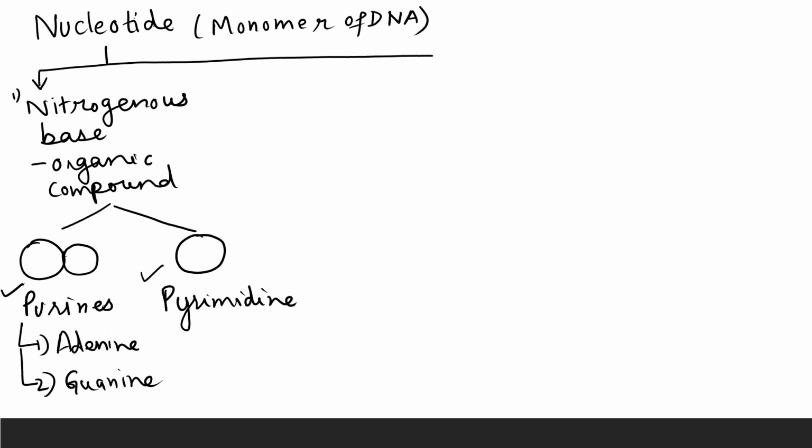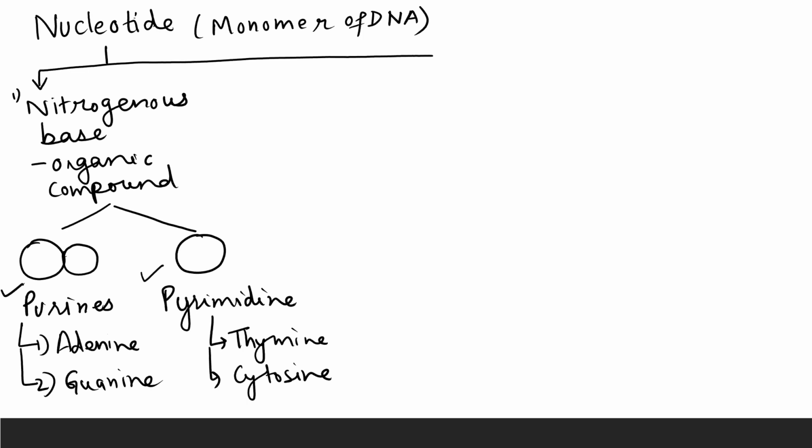And further, pyrimidine is of two types. First is thymine and second is cytosine, right? So this is the first thing that is required to make a nucleotide, that is nitrogenous base, right?